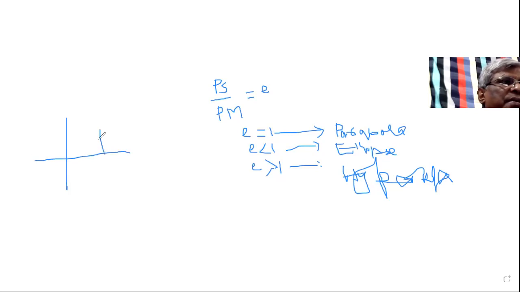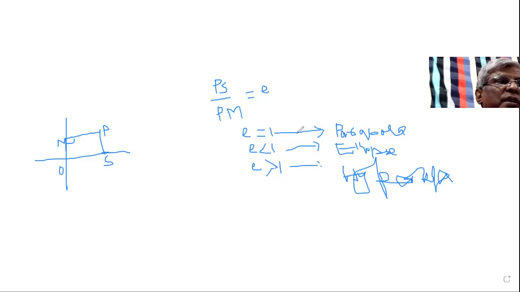Remember the figure you have taken. This is P, this is S, this is M, this is the origin. So you have written PS upon this perpendicular distance PM.